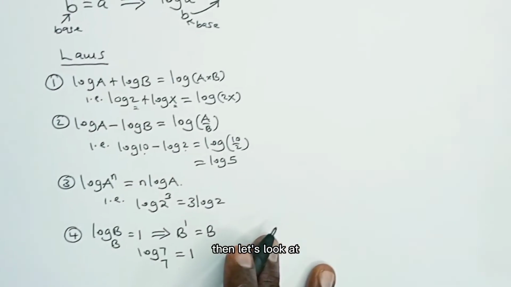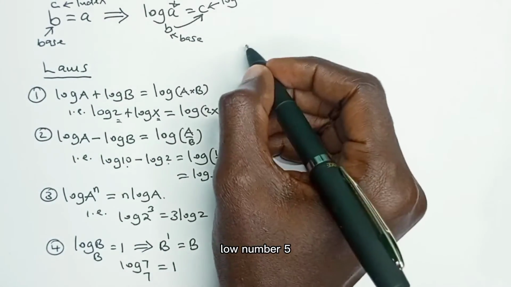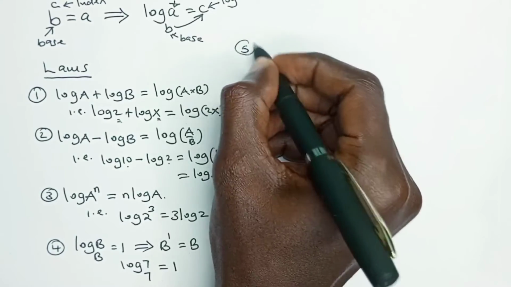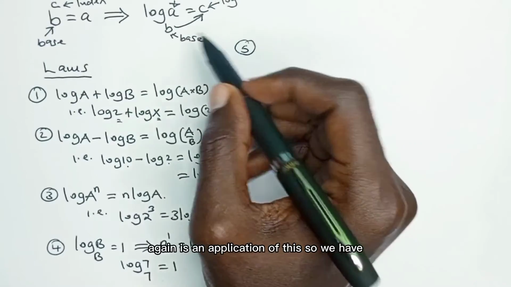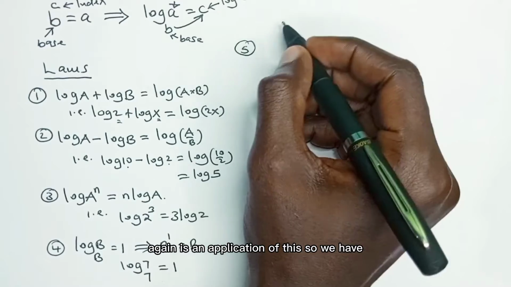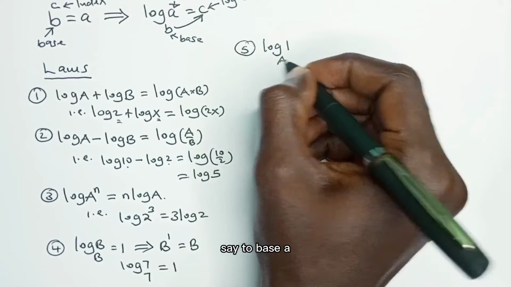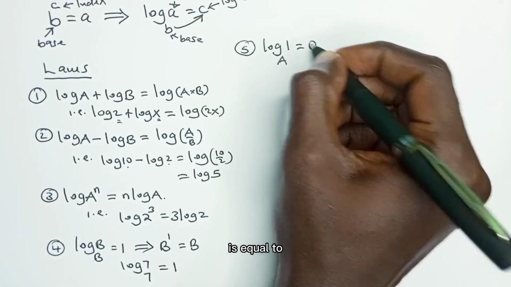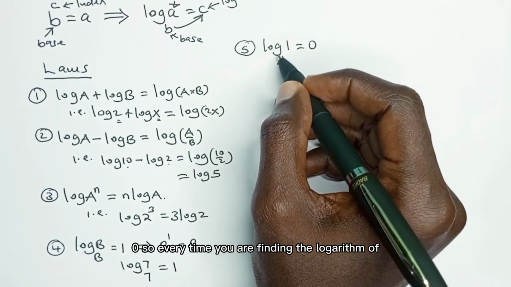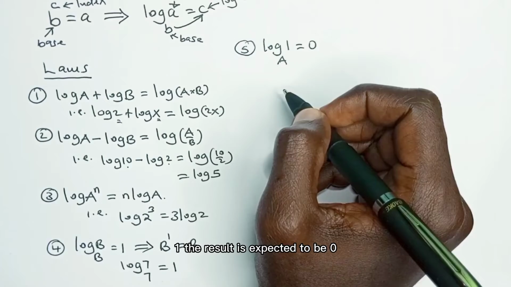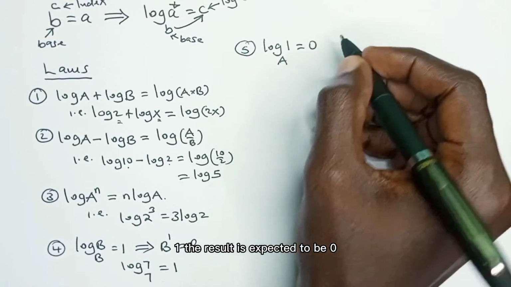And then let's look at law number 5. Law number 5 again is an application of this. So we have logarithm of 1, say, to base a is equal to 0. So every time we're finding the logarithm of 1, the result is expected to be 0.